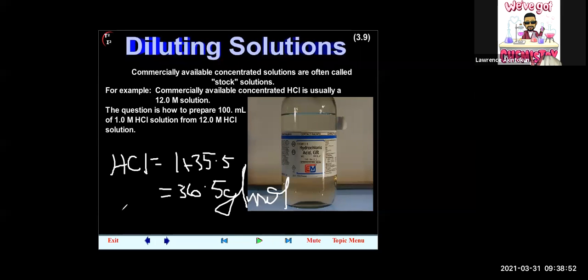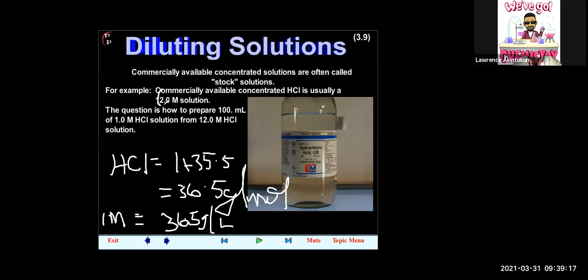So, if you want to prepare 1 molar solution, what you do is to dissolve 36.5 grams of this solution in 1 liter. That will give you 1 molar solution. So 36.5 grams dissolved in 1 liter will give you 1 molar solution.